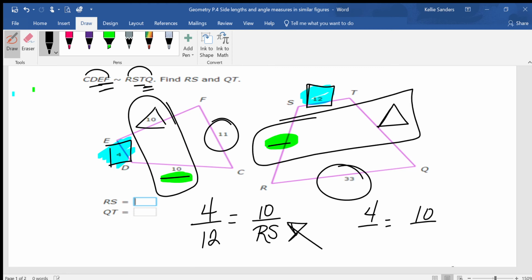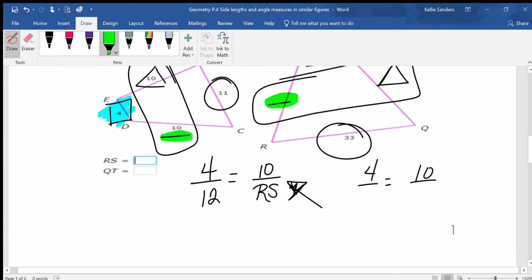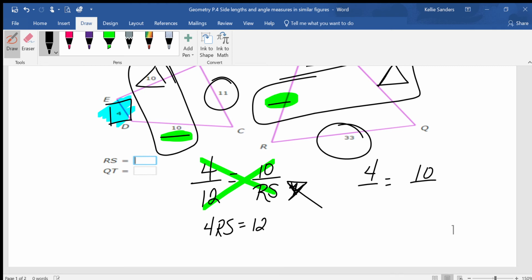So really all I have to do is solve this one and be done with it. We're going to cross multiply and divide again. 4 times RS is 4RS. 12 times 10 is 120. Divide by 4, and RS is 30. If RS is 30, then QT is 30, because they are the same length, because they are legs of the isosceles trapezoid.